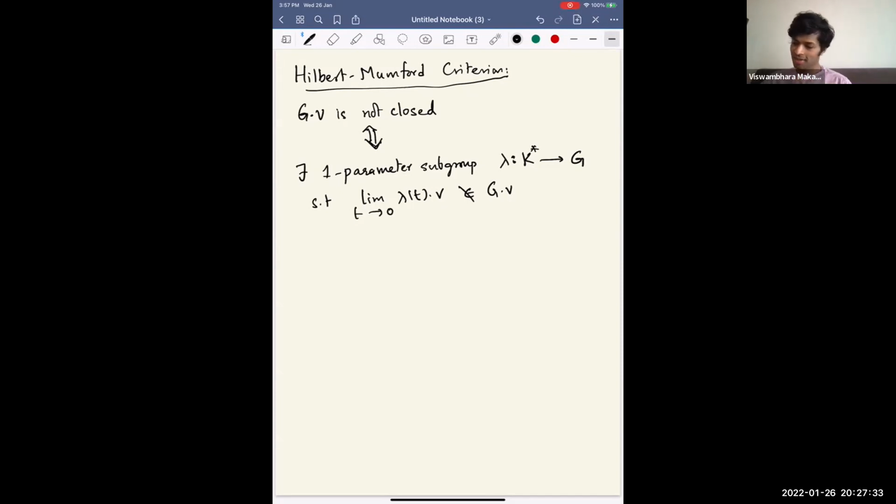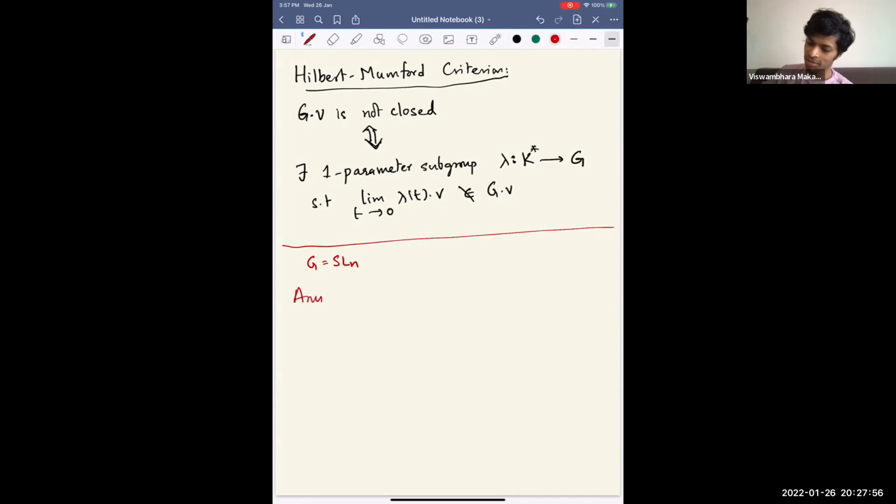Okay. Now, what is a one parameter subgroup? Well, I can say it's basically a map of algebraic groups. But I can tell you even more concretely what one parameter subgroups are for the group SLn.